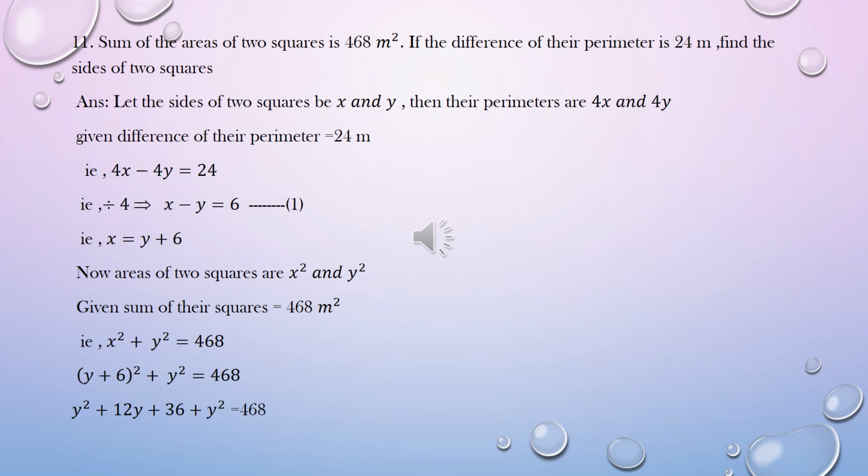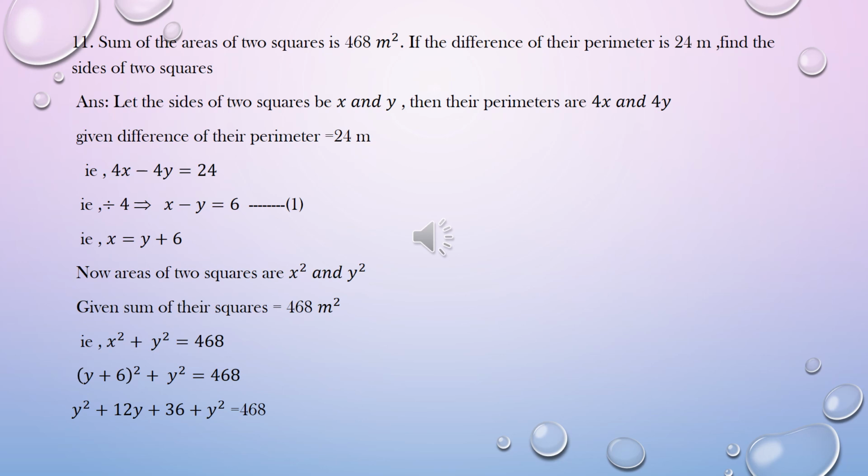With the help of the first line, we can see sum of areas of two squares, that is x square plus y square equal to 468 and difference of their perimeter equal to 24, that is 4x minus 4y equal to 24.